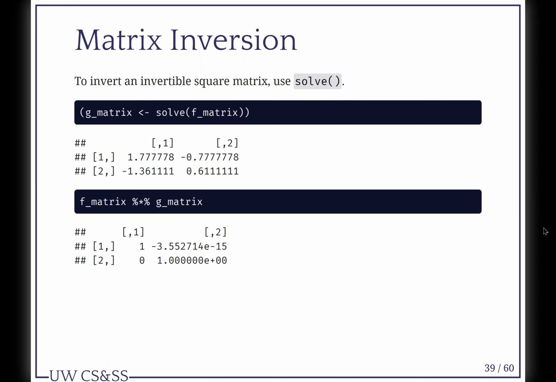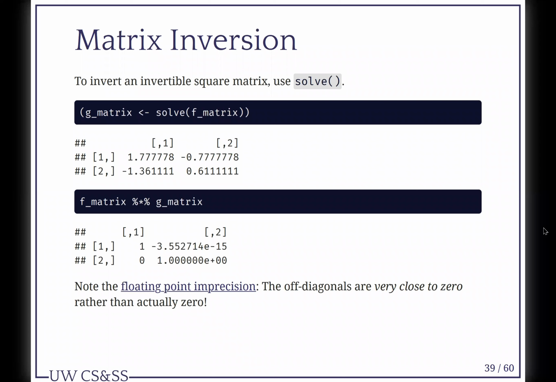But here we have negative 3.5 times 10 to the negative 15, and 1.00000000 instead of just 1. Note this is called floating point imprecision. The off diagonals are incredibly close to 0, but they're not actually 0.